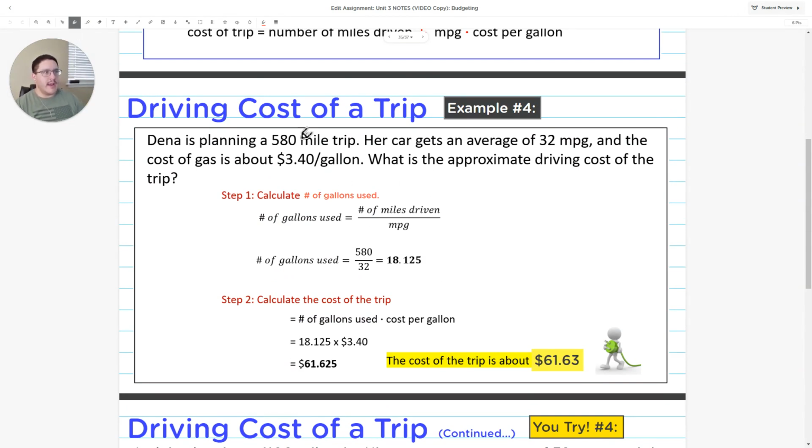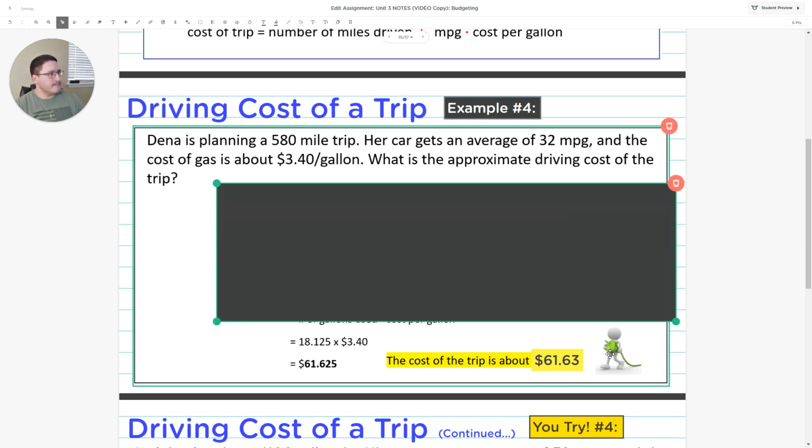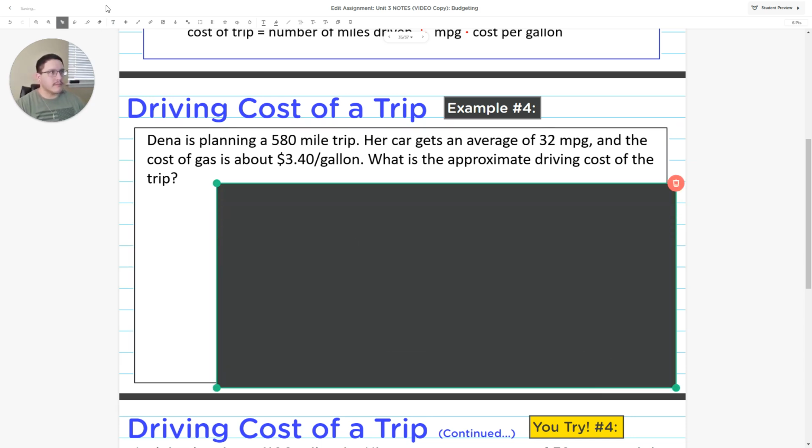Dina is planning a 580 mile trip. Her car gets an average of 32 miles per gallon, and the cost of gas is $3.40 per gallon. What is the approximate driving cost of the entire trip?